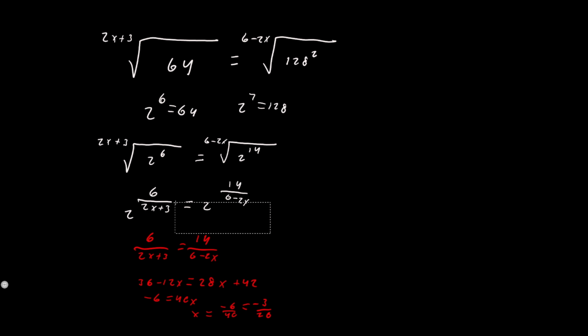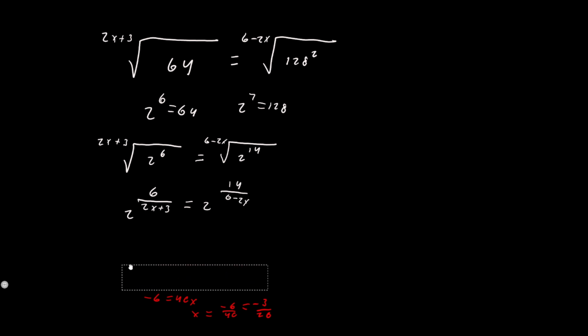So we can clear up some space here now. Well, actually, we'll keep that, and just clear this out. So now we have that x is equal to negative 3 over 20, which is approximately negative 0.15.